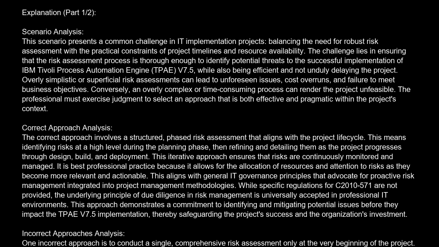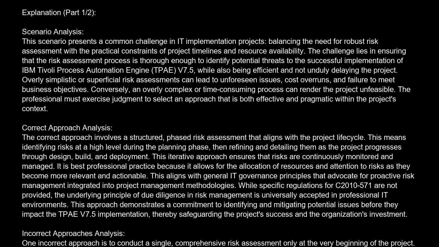This iterative approach ensures that risks are continuously monitored and managed. It is best professional practice because it allows for the allocation of resources and attention to risks as they become more relevant and actionable. This aligns with general IT governance principles that advocate for proactive risk management integrated into project management methodologies.